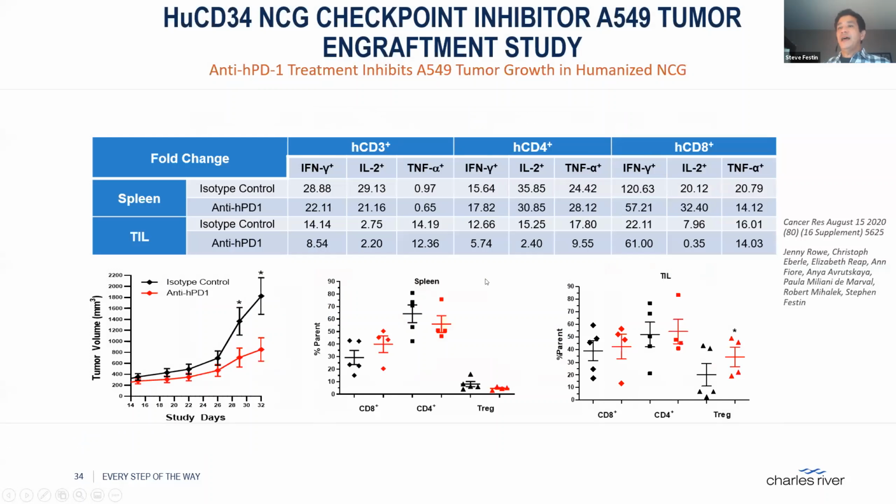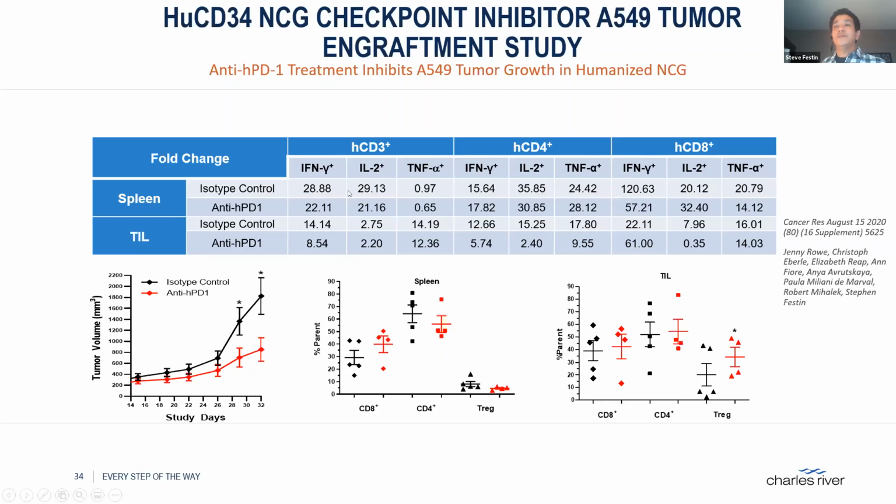So this slide is similar to the slide I had provided earlier, where we saw the A549 lung tumor, and we see modulation of the growth and distribution in the spleen and the tumor infiltrating lymphocytes. We're able to extract those cells, and then we actually treat them, right? So we activate them by basically chemical treatment, and then looking at each of the different cell types, we are also able to detect the fold increase in interferon gamma, IL-2, and TNF alpha.